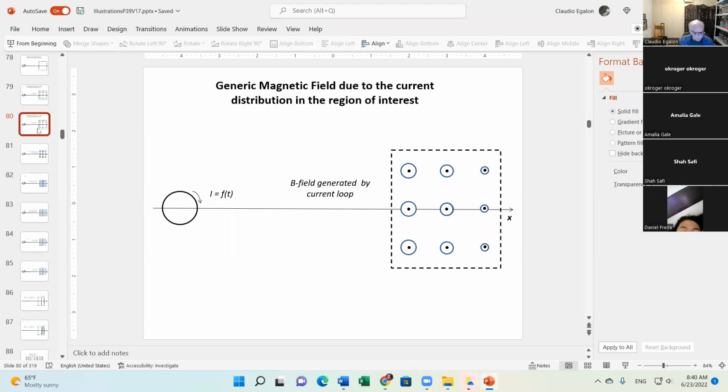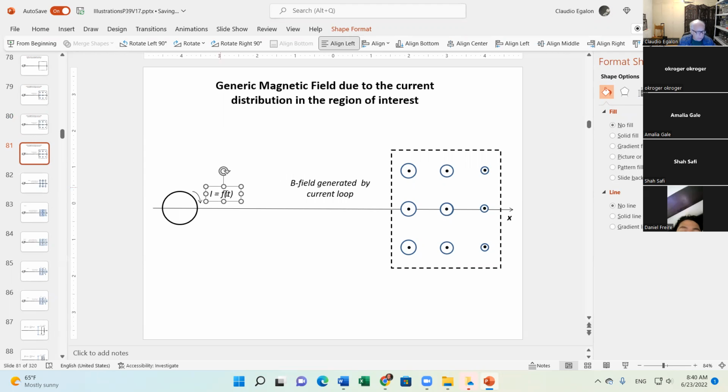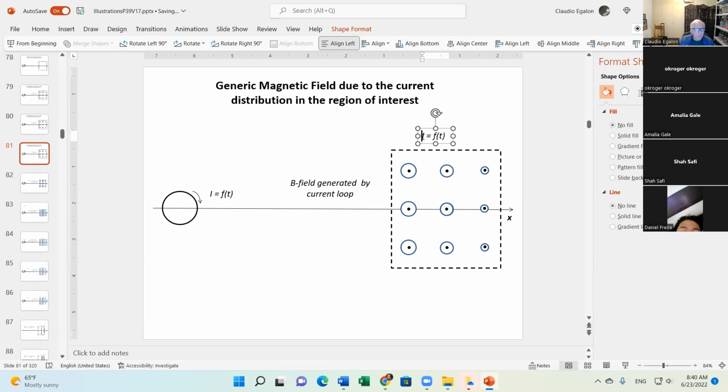Because the magnetic field is directly proportional to this current, my magnetic field will also be a function of time, right? Here you go. You want to write that down here? Magnetic field is also a function of time.